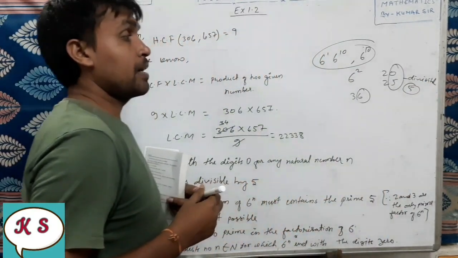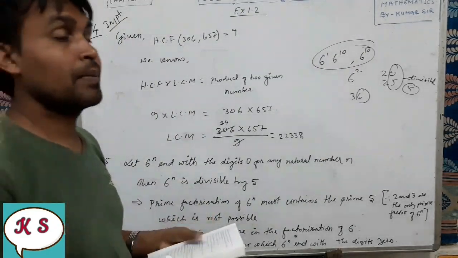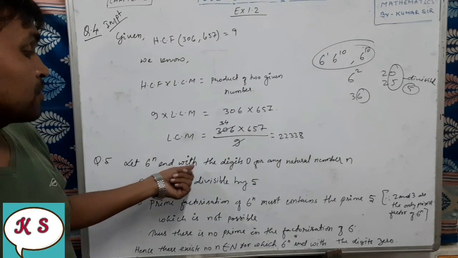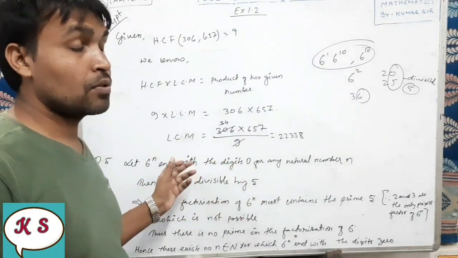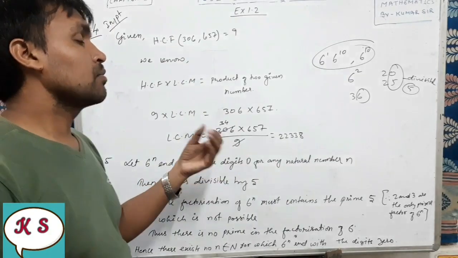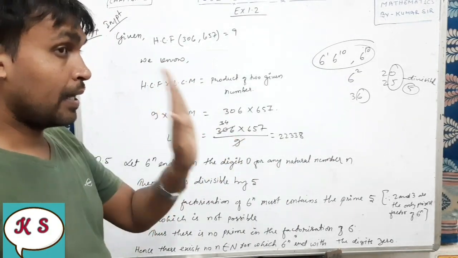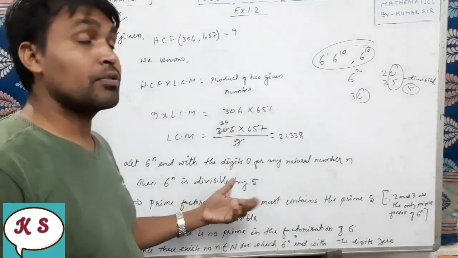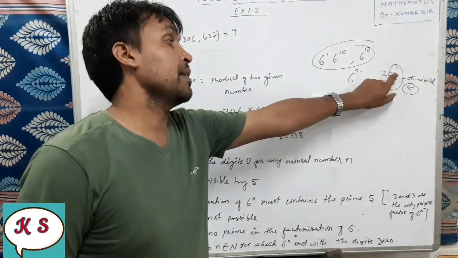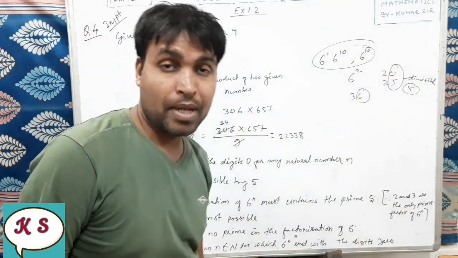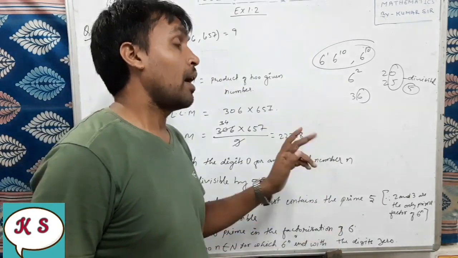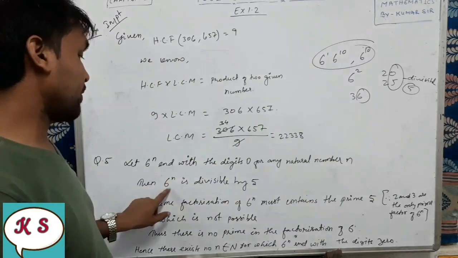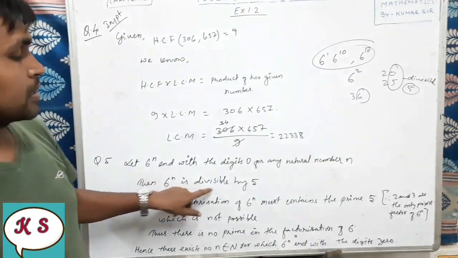So since we are assuming that 6^n ends with the digit 0, that means 6 to the power n is divisible by 5, because if the last digit is 0 or 5, then that number is divisible by 5.